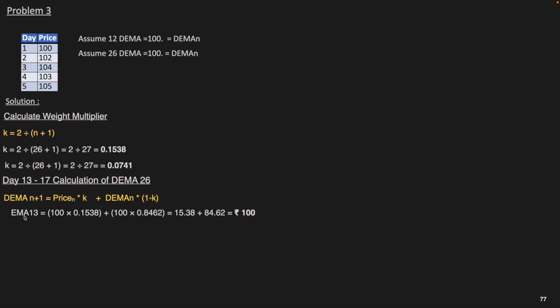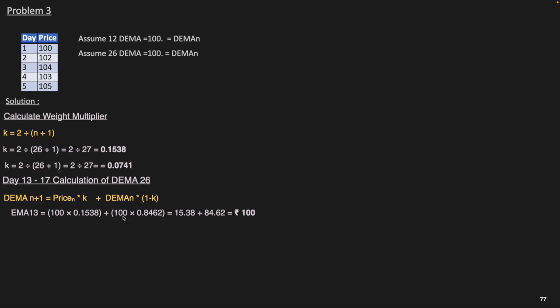So EMA on the 13th day or n plus 1 day is, what is this 100? This is the price on day 1, which is 100. That is the 100 we have put here. Now this 0.1538 is the multiplication factor, the K factor for 12. I have already told you, please put 12 here, it is not 26. So 0.1538 plus, what is this 100?